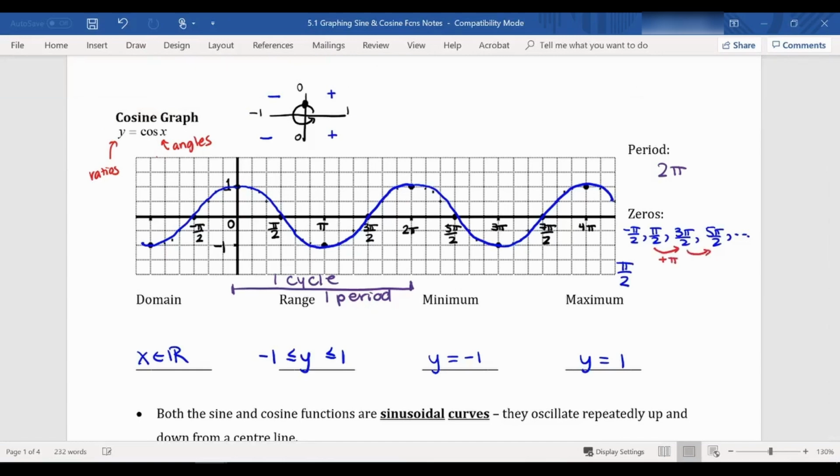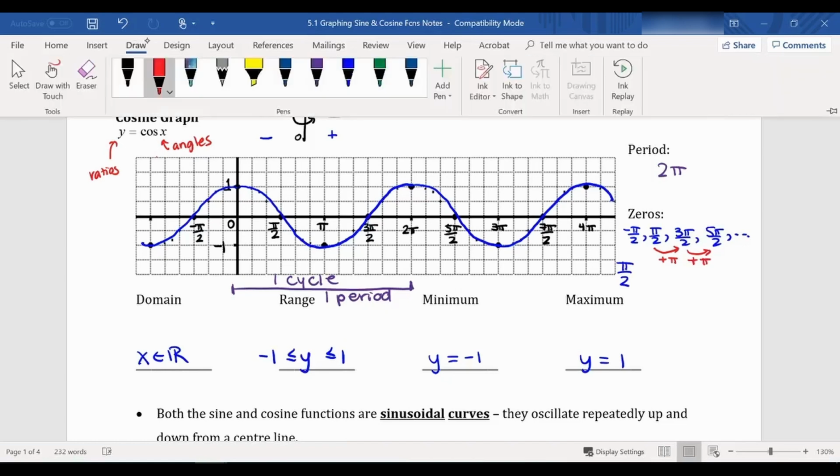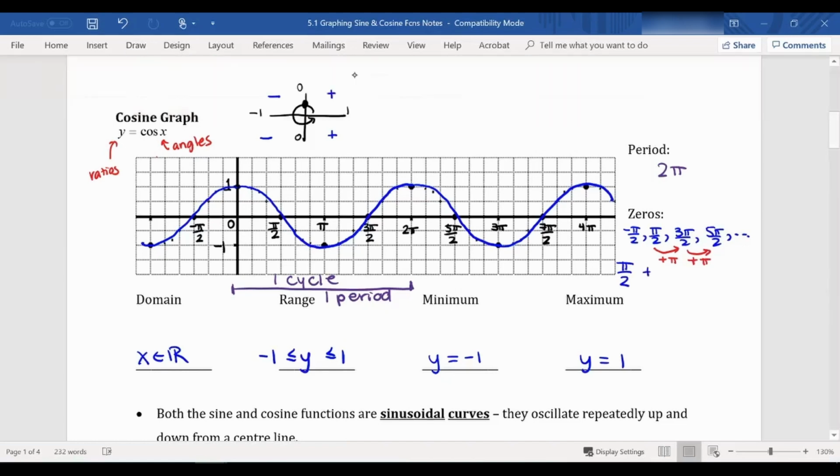And then to get to the next one, I have to add pi. So I can write this as pi over 2 plus pi n. So which zero I'm at just depends on how many pi's I'm going to add. But again, your n has to be an integer.